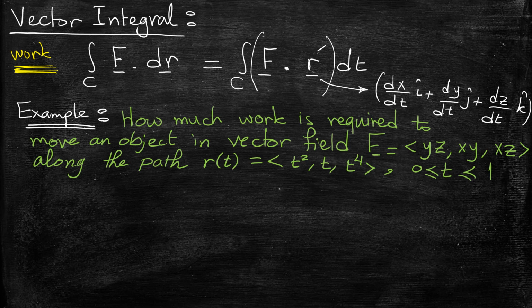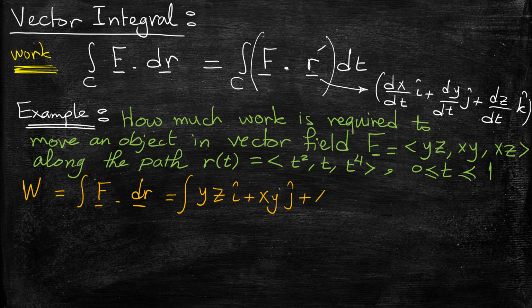So if we need to find the work, this work will be the integration of this vector field f dot dr. So this one will be yz in the i direction, xy in the j direction, xz in the k direction, dot product with r prime.